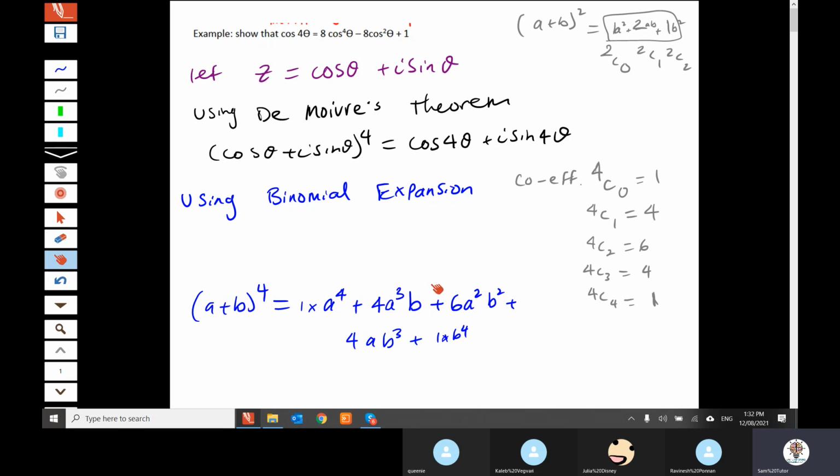No b's, 1b, 2b, 3b, 4b. Why do you times it by 1 at the start? Well, because that's my coefficients. So 1, 4, 6, 4, 1. Oh, okay. 1, 2, 1. You've always done it, you just never realized you were doing it.